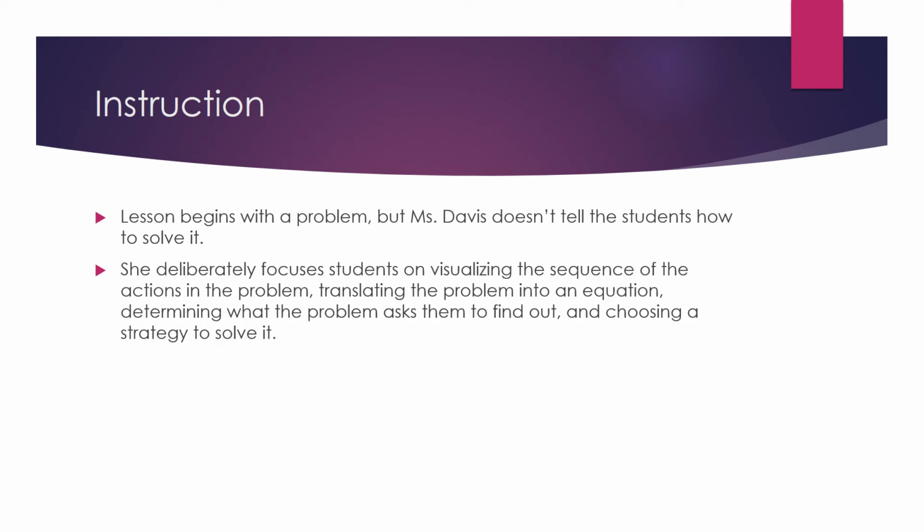Instead, Mrs. Davis deliberately focuses students on visualizing the sequence of the actions in the problem. Then she translates the problem into an equation, figuring out what needs to be found out, and then allows the students to choose a strategy to solve it.